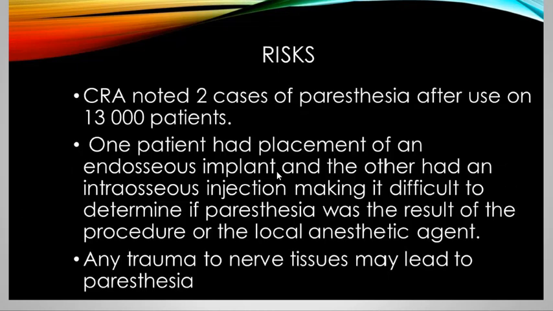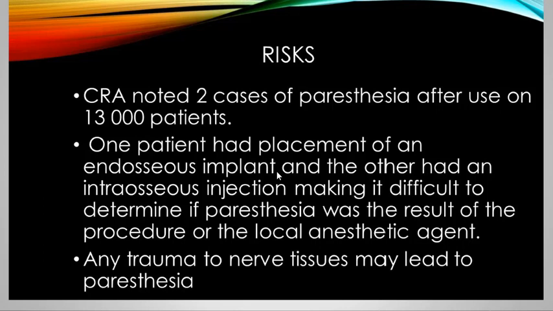And when I looked through all the risks associated with articaine and local anesthetic, CRA noted only 2 cases of paresthesia in 13,000 patients. But when we looked a little bit further at what those cases were, it looked like they were due to trauma.